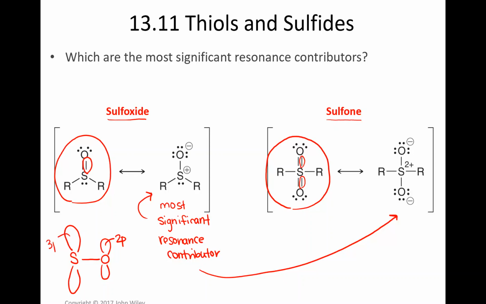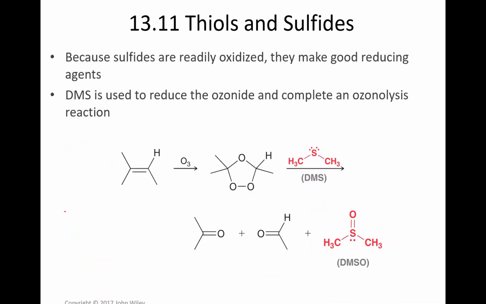And because they're of different size, their orbital overlap is more minimal than if they were the same sized p orbital. So as a result, there's not a lot of pi bond character between the sulfur and oxygen, and therefore the structure more closely resembles the charged structures.